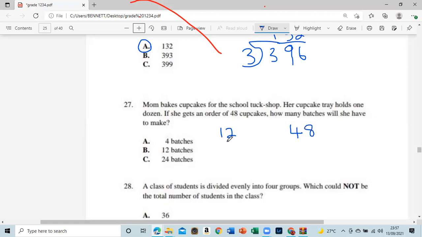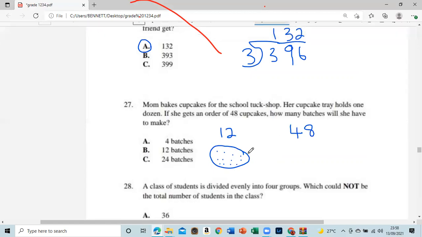How many times do you add 12 to itself? 1 stack of 12, then you add 12 more, so it would be 4 batches.